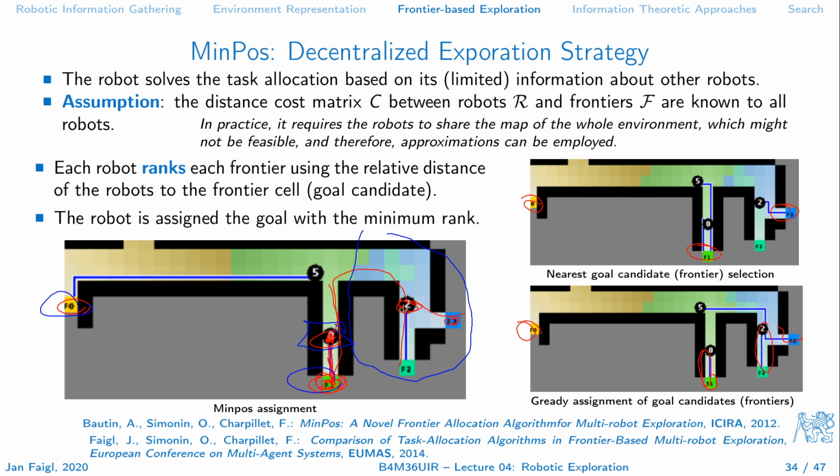If this robot doesn't have any notion about other parts of the environment, depending on whether the robot has some frontier here or here or here, it will choose one of them. But if we introduce communication, it will perform better. So in this sense it is decentralized, because it performs quite well if you have the available information, but it also works if you don't have the information.